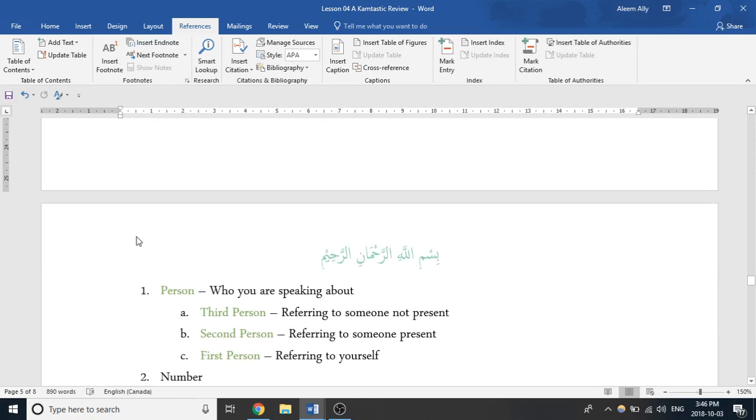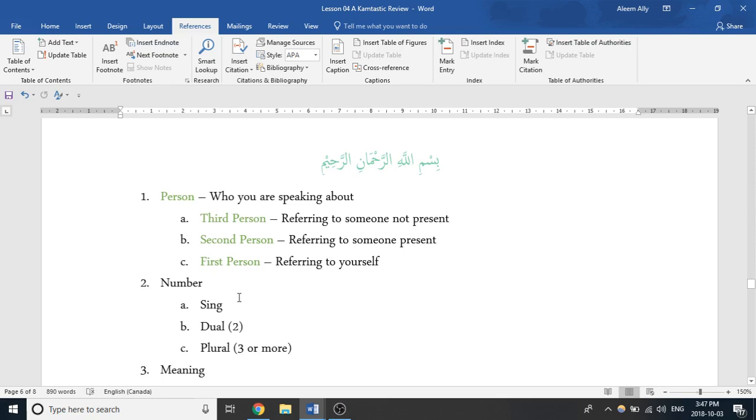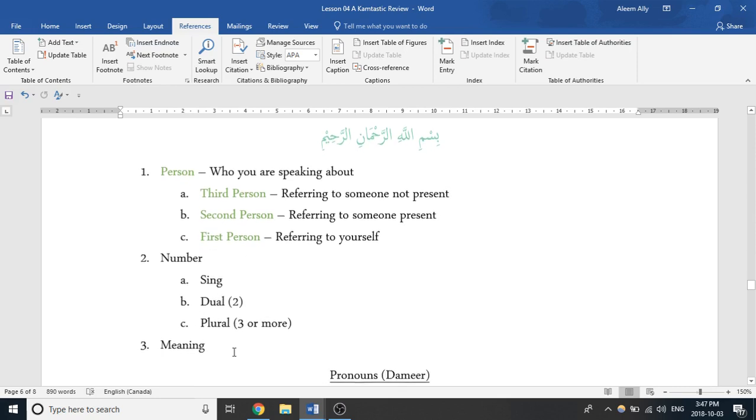Second person is referring to someone who's present. So when I'm saying you, they have to be there in front of me or else it doesn't make any sense, right? And first person is when you're referring to yourself. Next, we look out for number, which is singular, dual, and plural, and third, meaning.